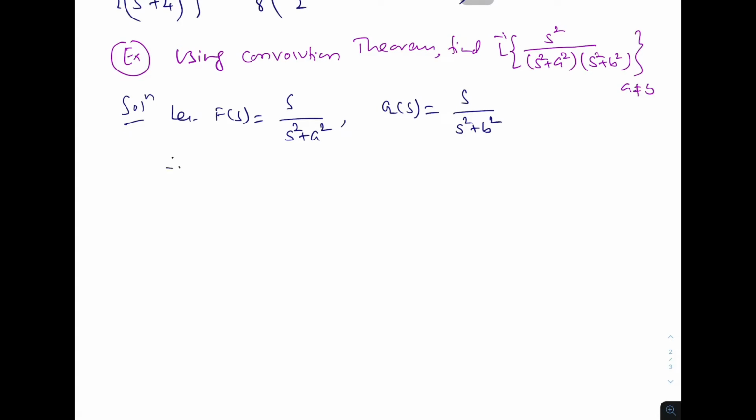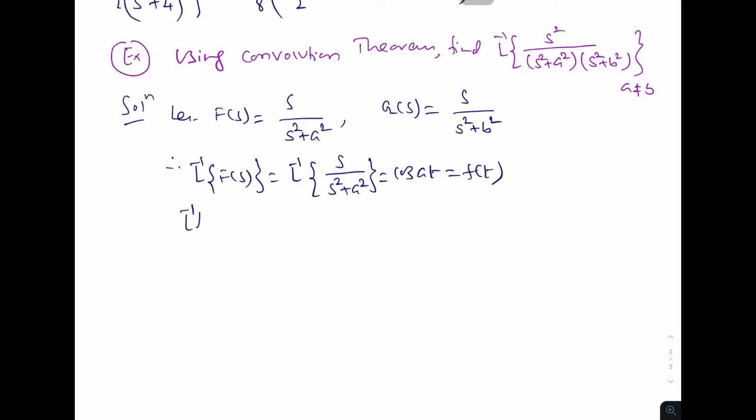Now we know the standard inverse Laplace transform of F(s), that means inverse Laplace transform of s over s square plus a square is cosine at, and that is our f(t). And inverse Laplace transform of G(s), that is s over s square plus b square, is cosine bt, and that is our g(t).